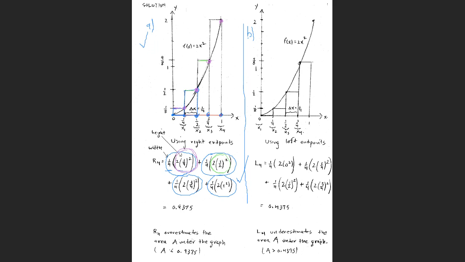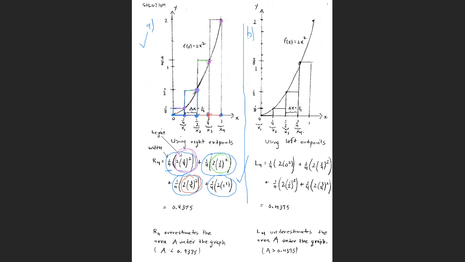The height of the third rectangle is the value of the function when x equals 3/4, right? Well, that's 3/4 quantity squared, which is 9/16. 9/16 times 2 is 18/16. 18/16 simplifies to 9/8.